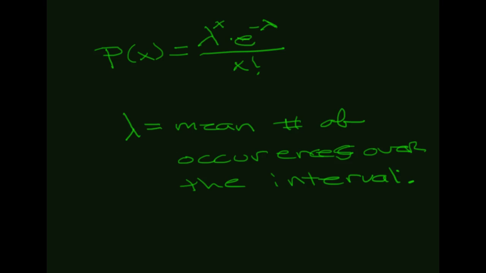So we will know the average of the occurrence. That's the parameter lambda. X is what we want to know. E is a constant, and the rest of it works out nicely.